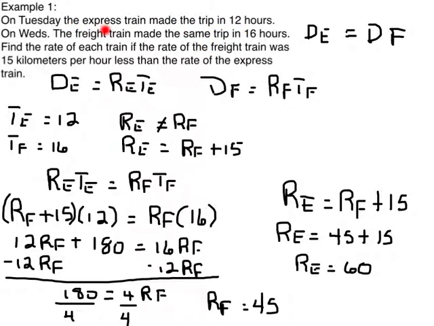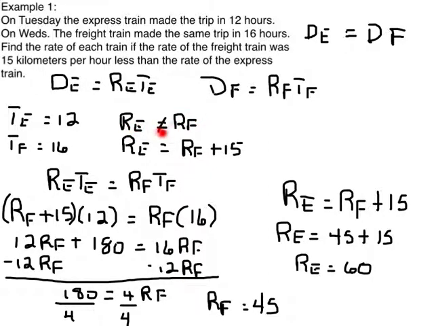We know that the time of the express train was 12 hours, so TE, right here, would be 12. We know that the freight train made the same trip, and its time, though, was 16 hours, so the time of the freight is 16. Now, what do we know about the rates?